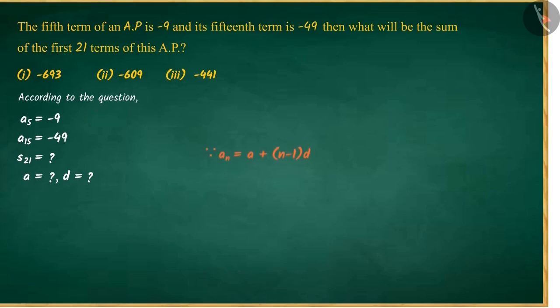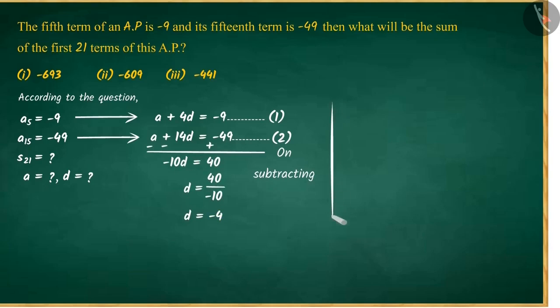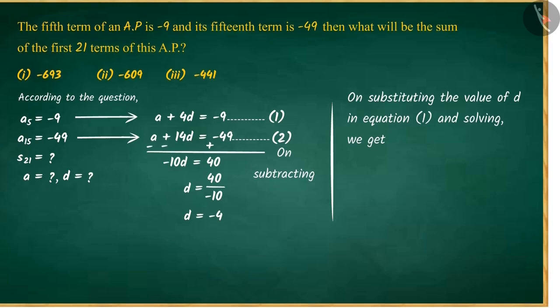If we write the fifth term, that is a5, and the 15th term, that is a15, this way, then we get equations 1 and 2. Subtracting equation 2 from equation 1 gives us d as -4. By substituting the value of d in equation 1, we get the value of a equal to 7.